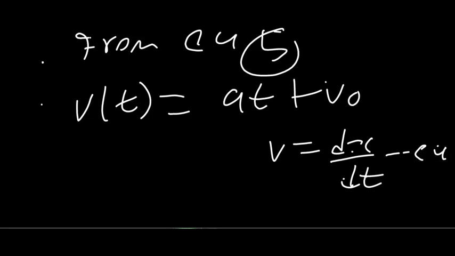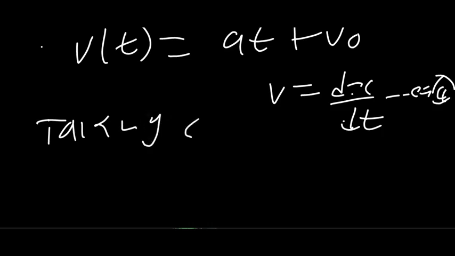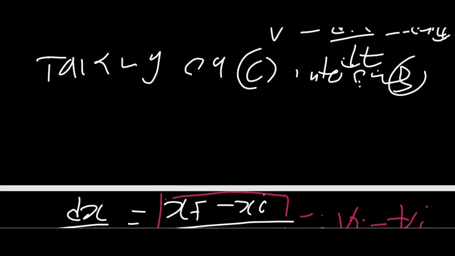So this is equation C, you can call this one equation C. So taking equation C into equation 5, because this is equation 5 that we derived, if we do that, what are we going to get?